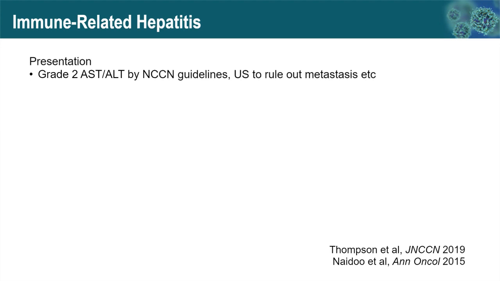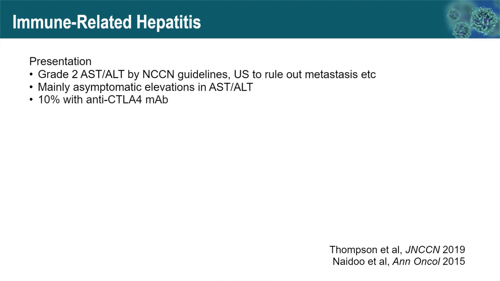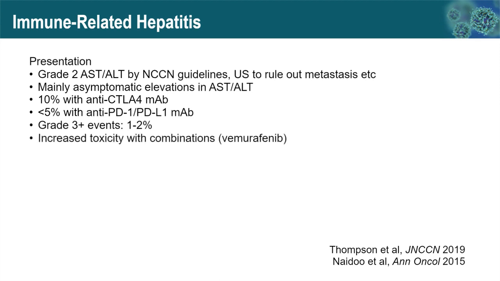It is important to note that most elevations of AST and ALT are asymptomatic in patients, and that this is more common from the CTLA-4 monoclonal antibody at 10%, but occurs in less than 5% of cases with PD-1 or PD-L1 monoclonal antibodies alone. Importantly, high-grade events may occur in 1 to 2% of cases, and there may be an increase in this particular toxicity with certain immunotherapy combinations, such as the combination of BRAF inhibitor with immunotherapy.